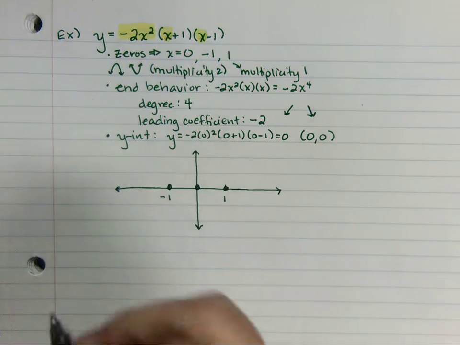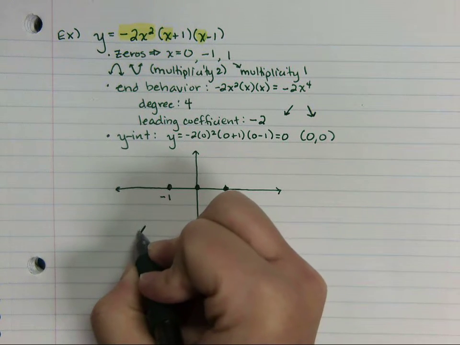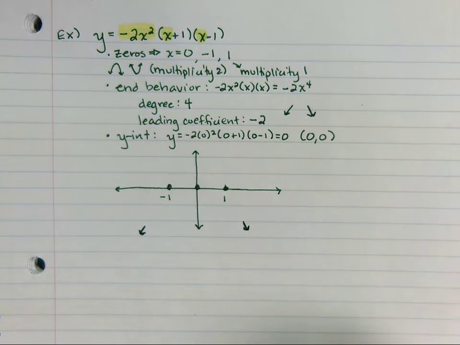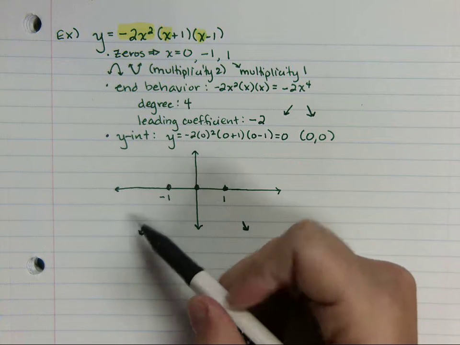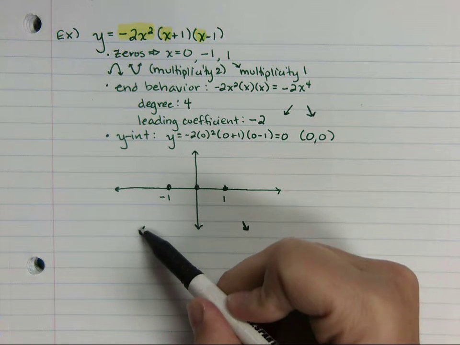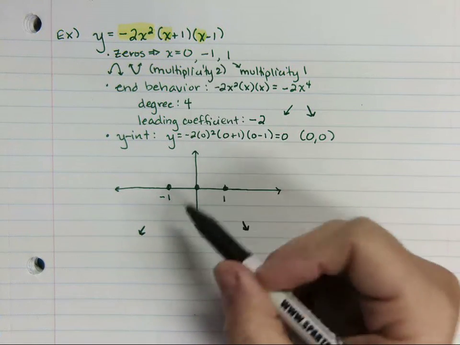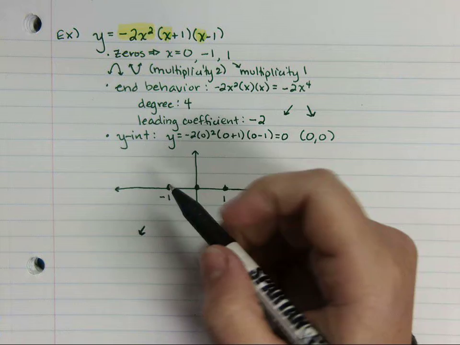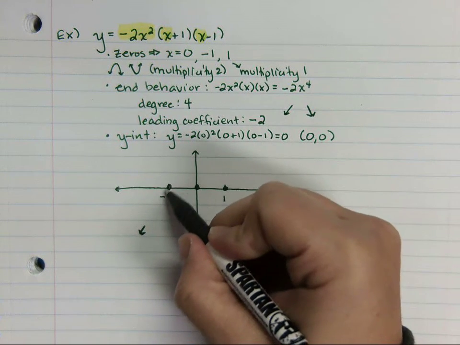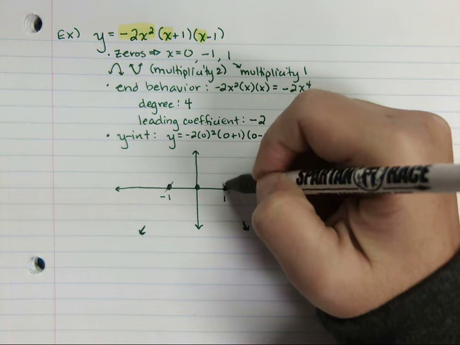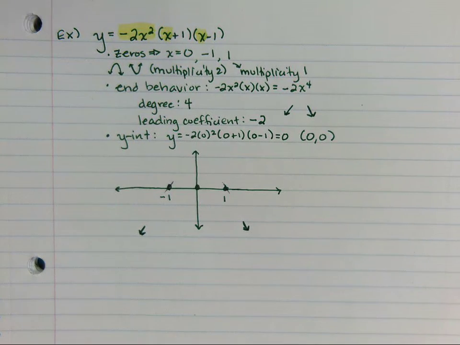And the first thing I'm going to do is put my end behaviors. Before I sketch it, I want to look at what's happening. So here is the 0 at negative 1 and positive 1. My graph has to go through. And since it's coming this way, it's going to have to get a sketch going like this. So this is my general picture of what's happening through those zeros.